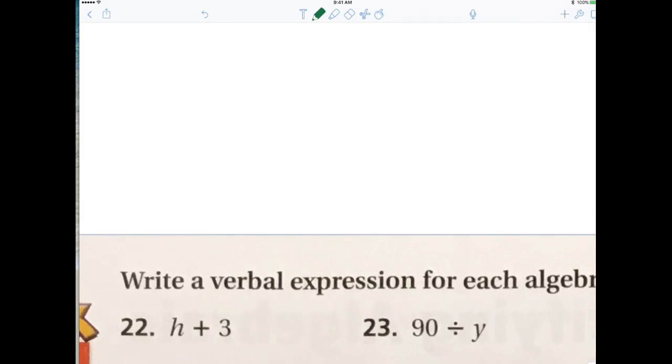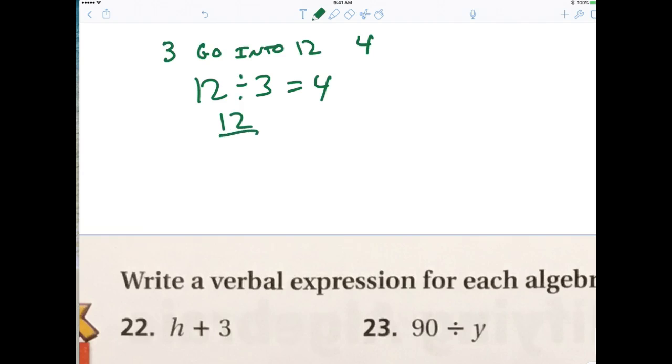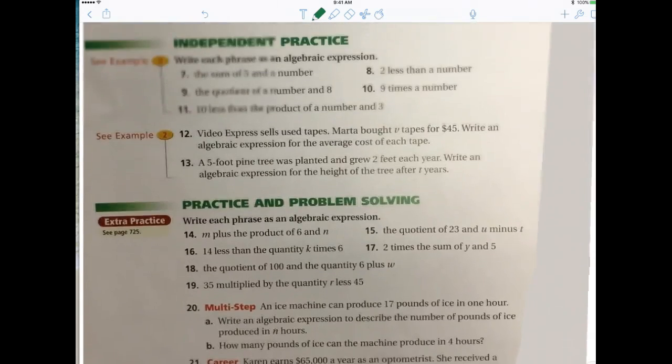How many times does 3 go into 12? 4. That was easy for you. So that means 12 divided by 3 is 4, or 12 over 3 equals 4. Well, because we don't know what the number is.